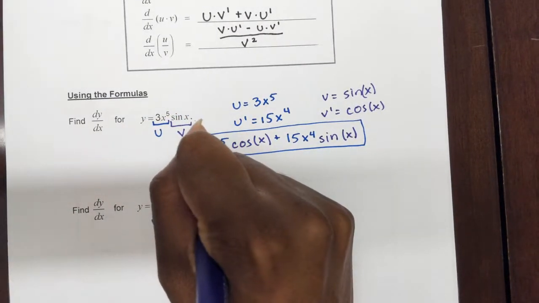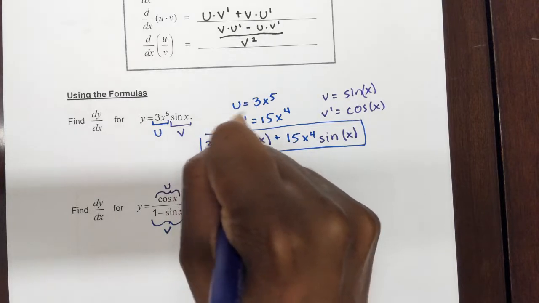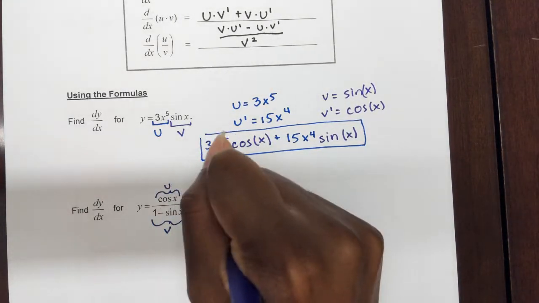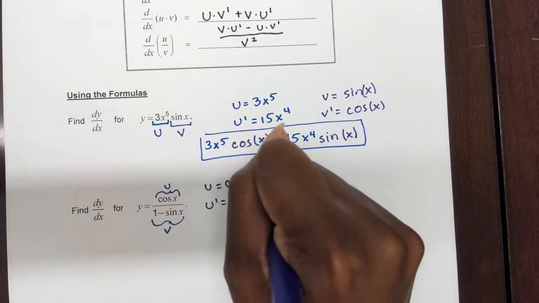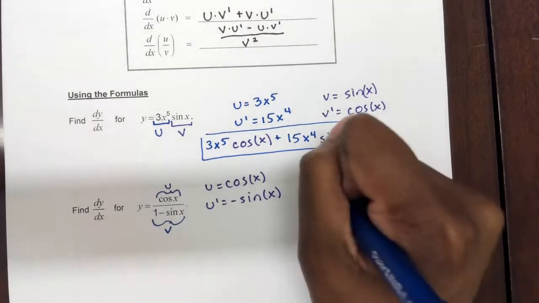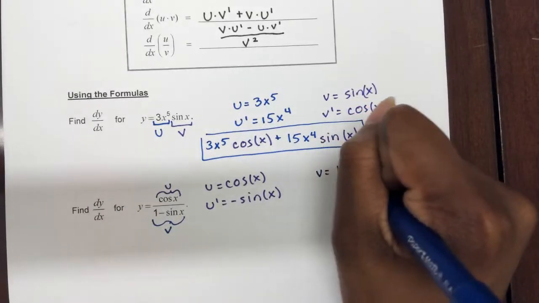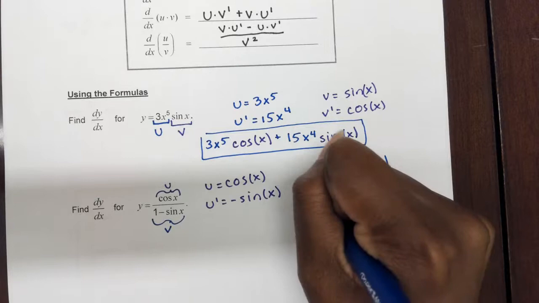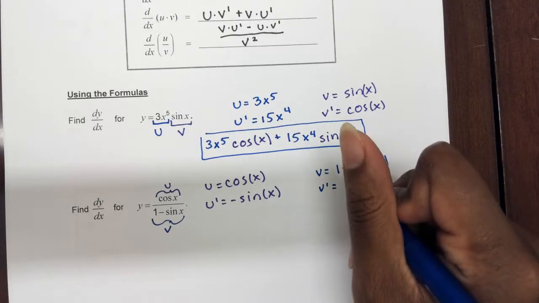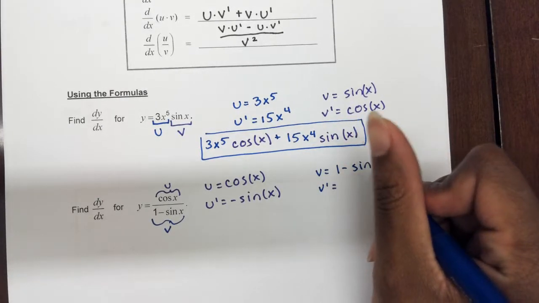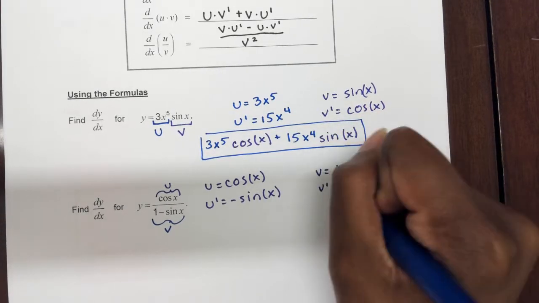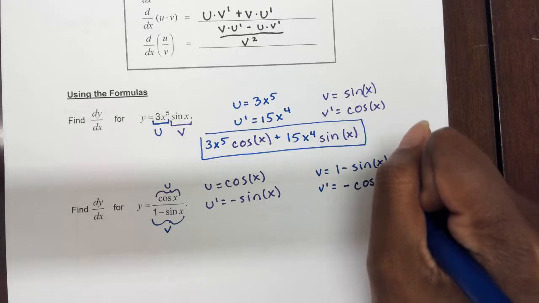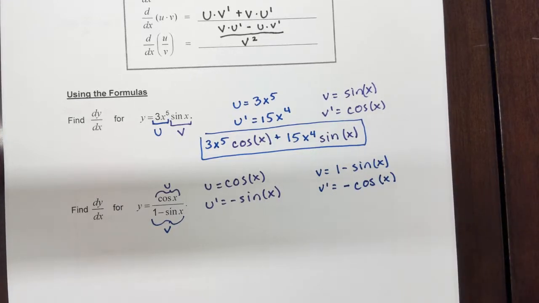So then u is cosine x, u prime is negative sine x, v is 1 minus sine x, and v prime, derivative of 1 is 0, derivative of sine is cosine, and it's negative, so we have negative cosine x.